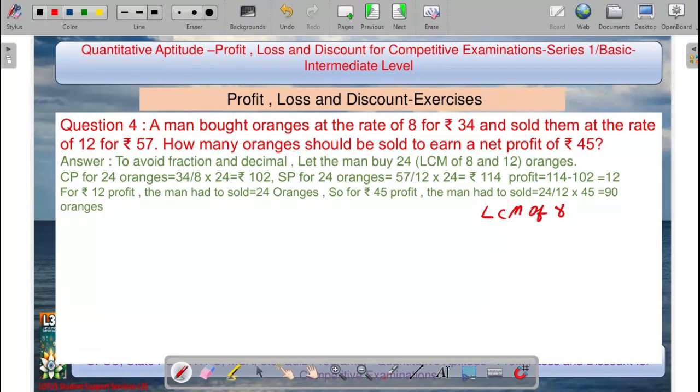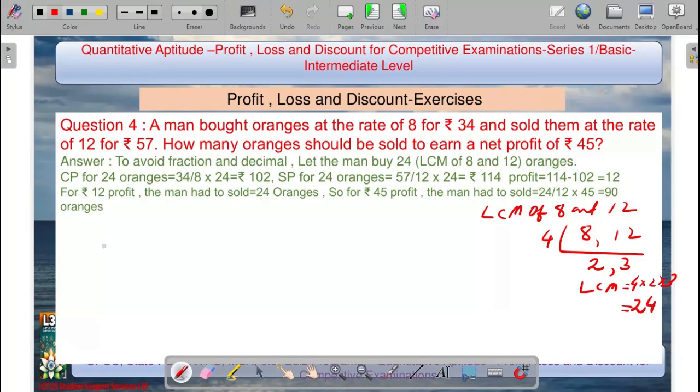How will we find out the LCM of 8 and 12? 8 is 4 into 2, 12 is 4 into 3. So LCM is 4 into 2 into 3. That will be 24.